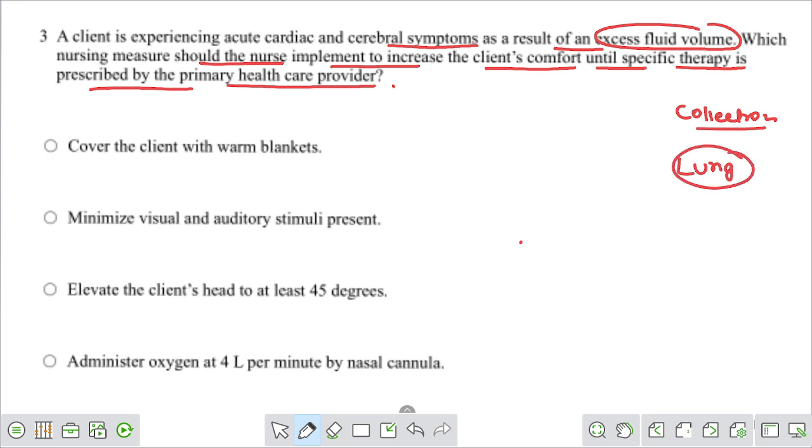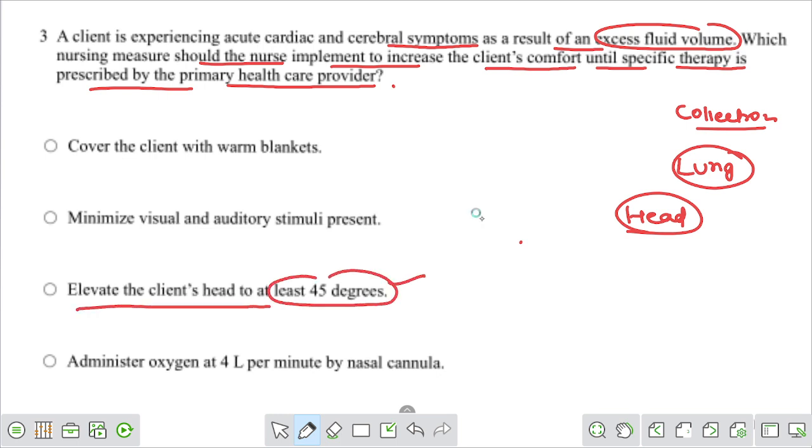To reduce the dyspnea, head elevation is required for this patient. So always remember in any respiratory condition, when the patient feels dyspnea, the better position is elevation of the head. So the right answer is elevate the client's head to at least 45 degrees.